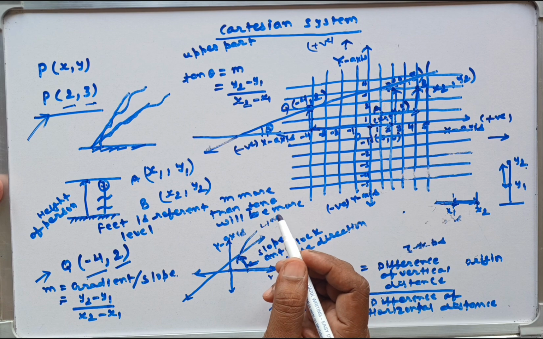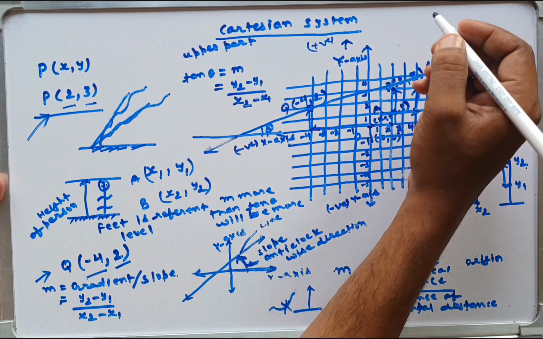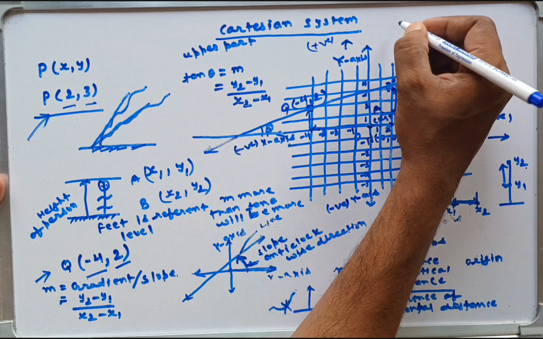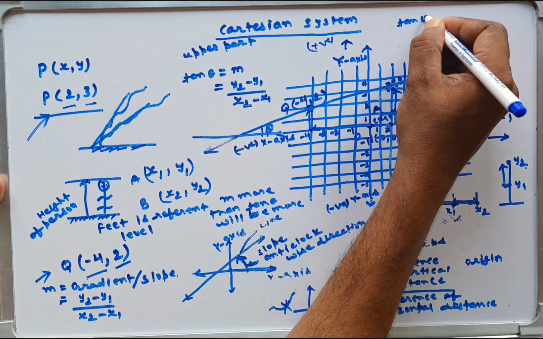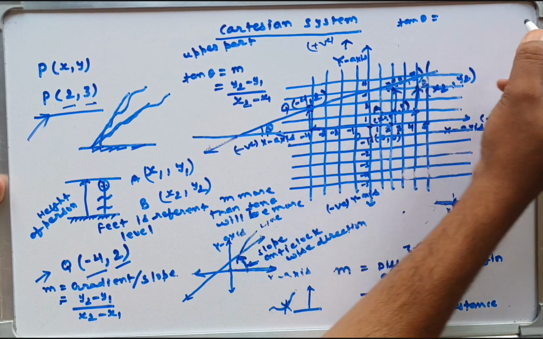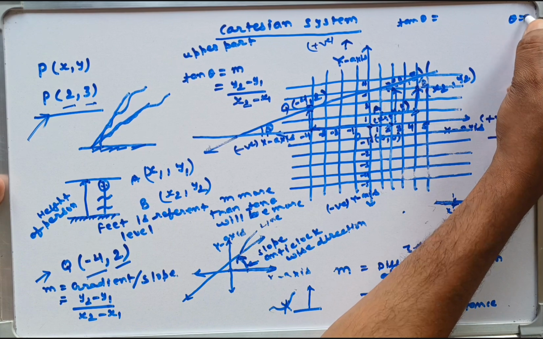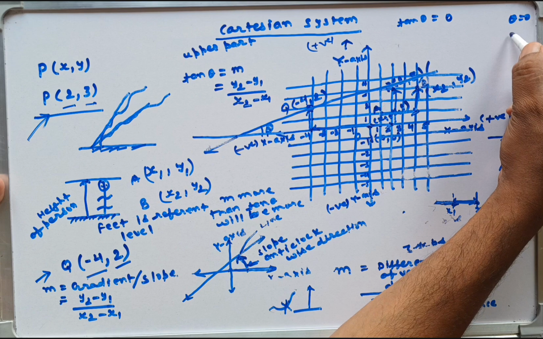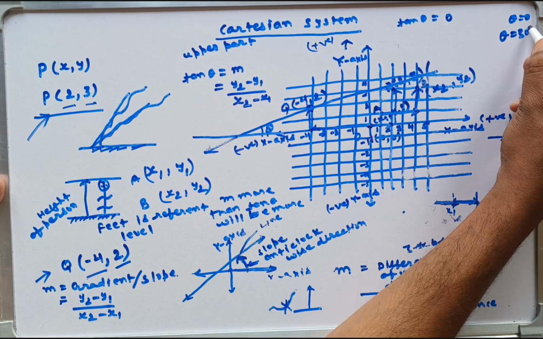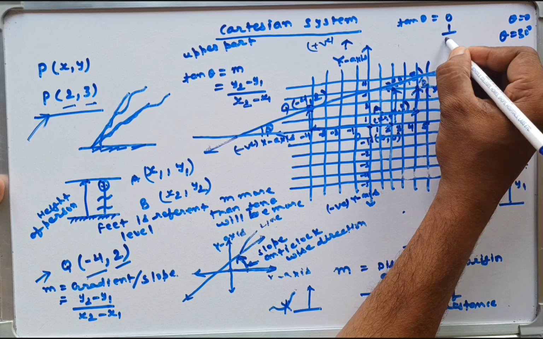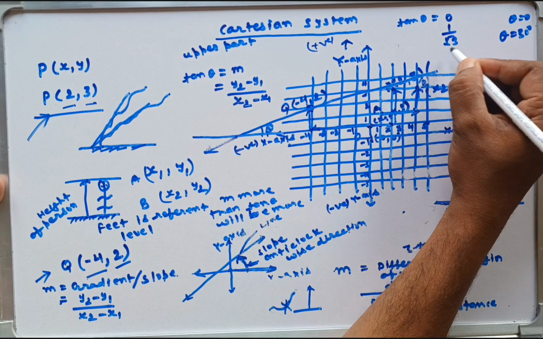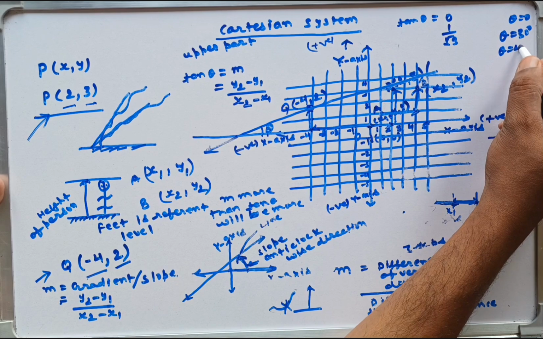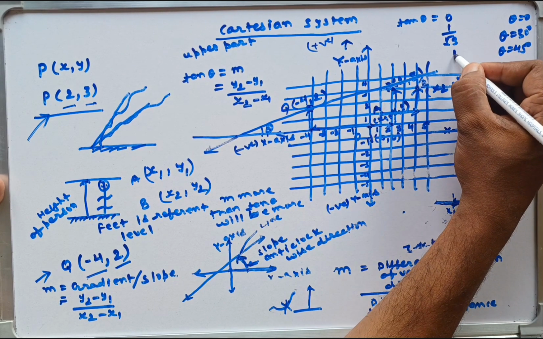Guys, you see the value of tan theta. When theta equals 0, then this value is 0. When theta equals 30 degrees, then this is 1 by root 3, and for theta 45 degrees, this one is 1.